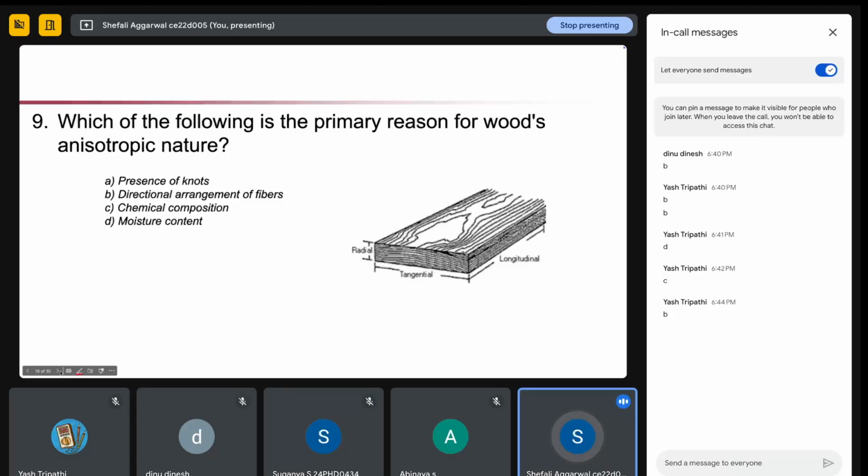Which of the following is the primary reason for wood's anisotropic nature? The presence of knots, directional arrangement of fibers, chemical composition, moisture content. So the answer is already given in the figure. So what do you think is the answer?